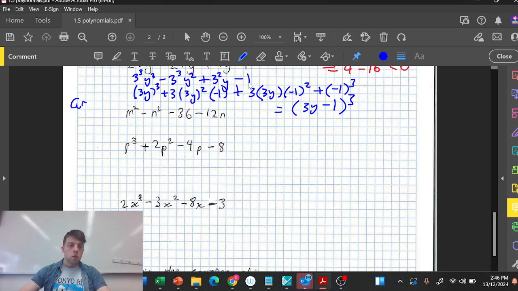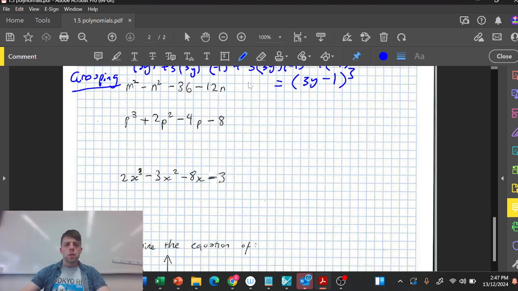All right, so another factorization technique that you should be aware of: we can see if we can factorize by grouping. So here's a couple of quick examples on how to factorize by grouping. This one here, again, it's not immediately obvious. What are we supposed to do here? Well, we can see that we have some m's and we have some n's. So first up, let's write this slightly differently. Ideally, we can see there's a quadratic relationship with these n's.